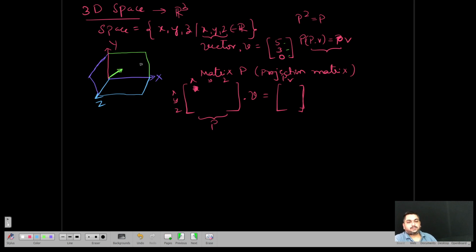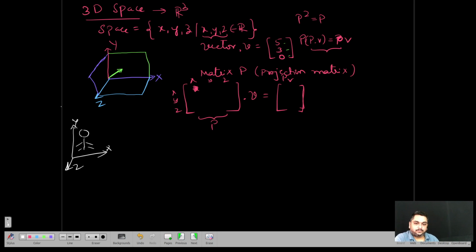Now, what is the projection of this? For that, let us imagine there's a person standing in sunlight. You are viewing him in 3D, right? Whatever you see in this real world is 3D. So he is present on all three axes.